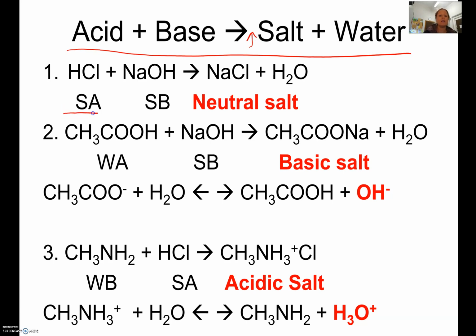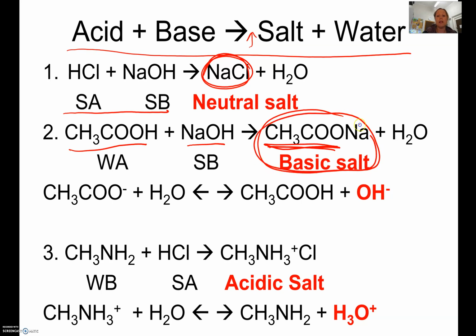If you react a strong acid with a strong base, you get a neutral salt every time. If you react a weak acid with a strong base, because the weak acid produces a basic conjugate, which is what we went into last lesson, then the salt that is produced is in fact basic, and that's really important.